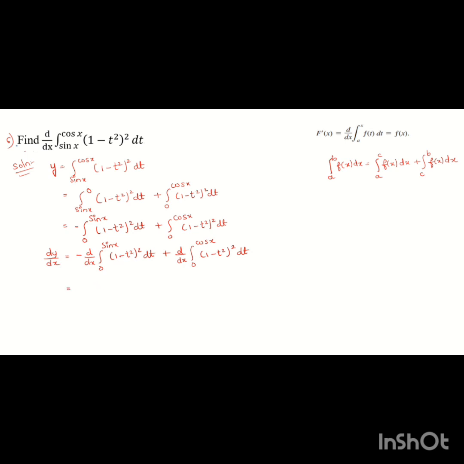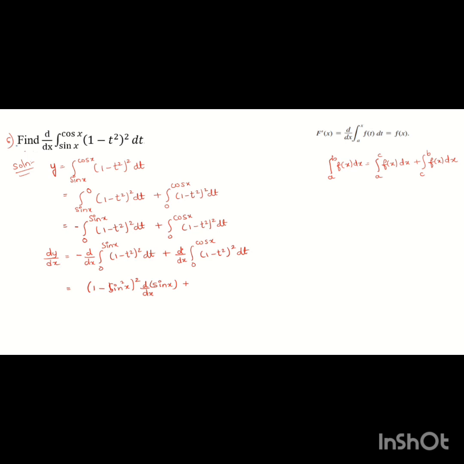So here f of x value will be 1 minus t square whole square. Since you have your sin x, in place of t we will be putting it as 1 minus sine square x whole square, and then the derivative d by dx of sin x.